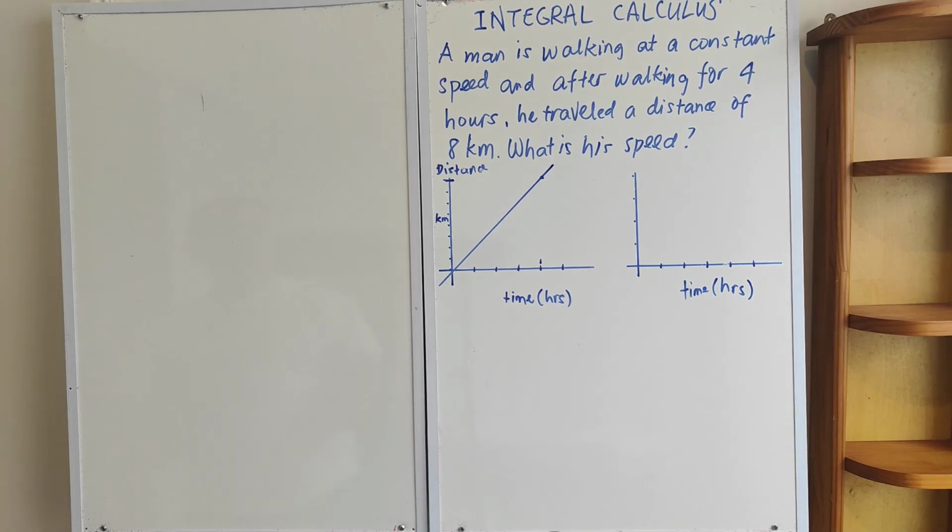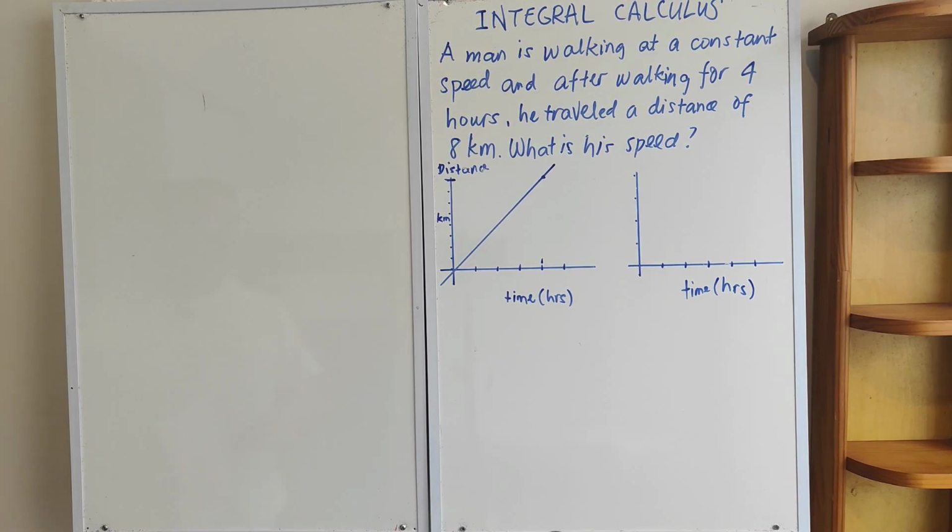To explain integral calculus, I have prepared a simple example so that there will be less confusion and make it easier to explain. The example: a man is walking at a constant speed, and after walking for 4 hours, he traveled a distance of 8 kilometers.